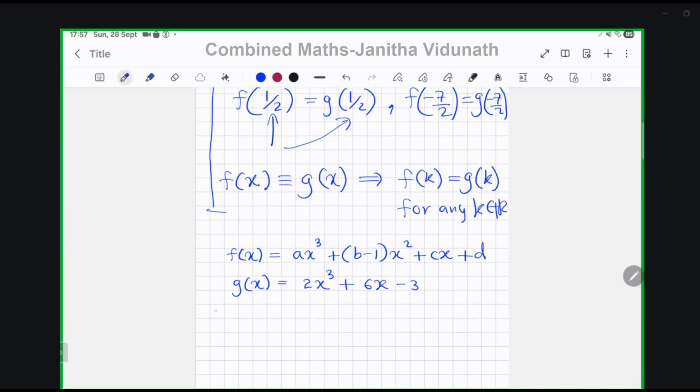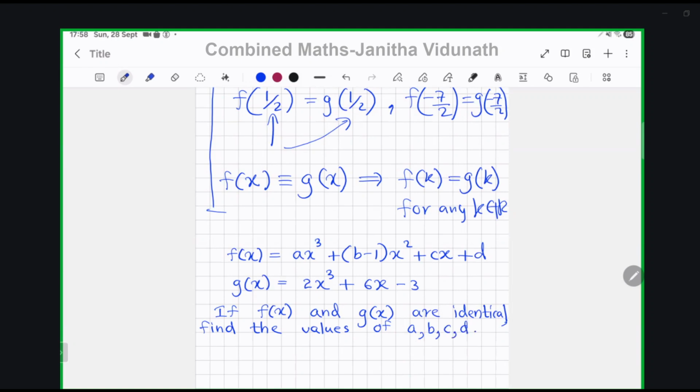Write down the question. If f(x) and g(x) are identical, find the values of a, b, c, d.